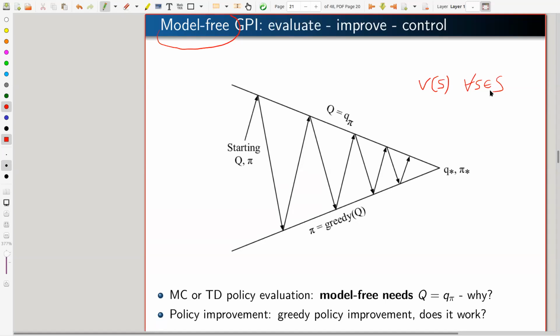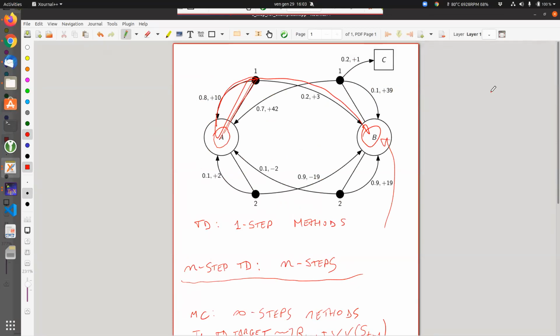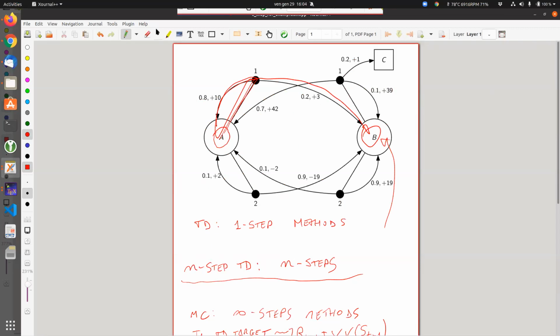I am in the state A, and usually my policy chooses between 1 and 2 in different proportions. But now I know the value of every state, because I evaluated it, I terminated the prediction phase with some methods. And now I want to evaluate the best action.